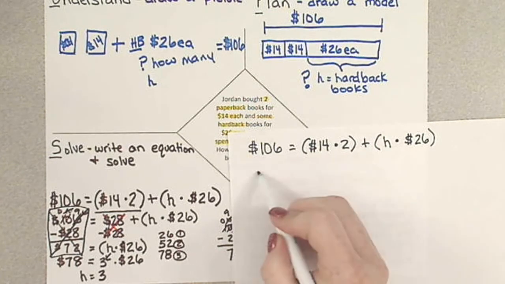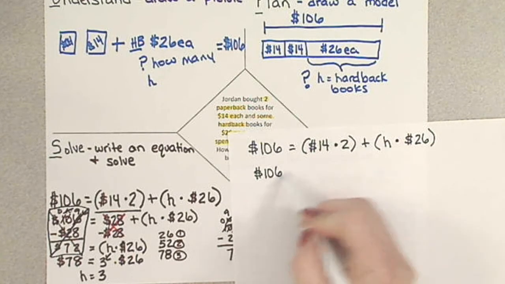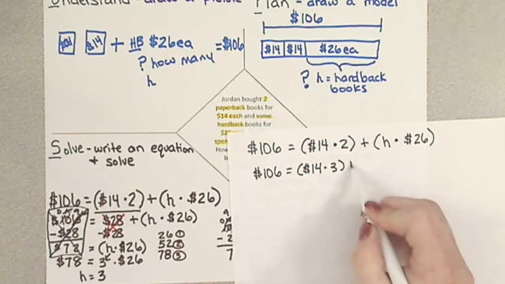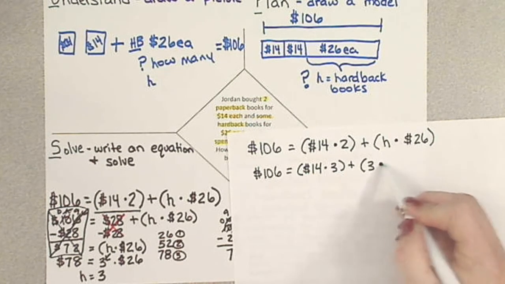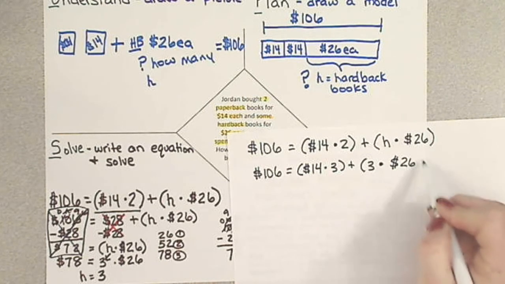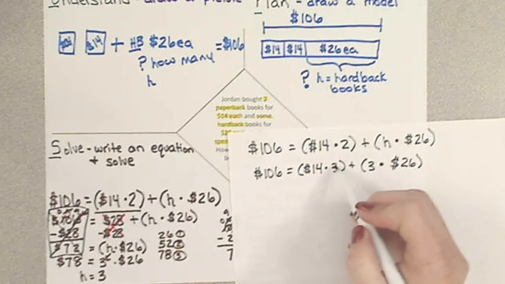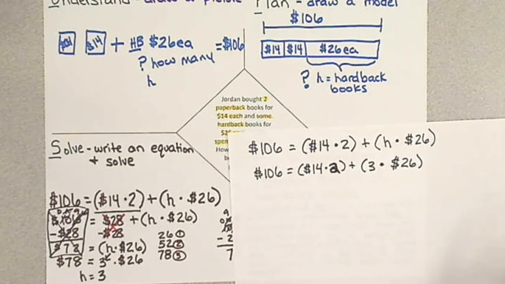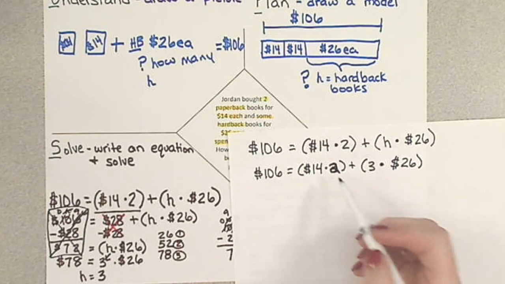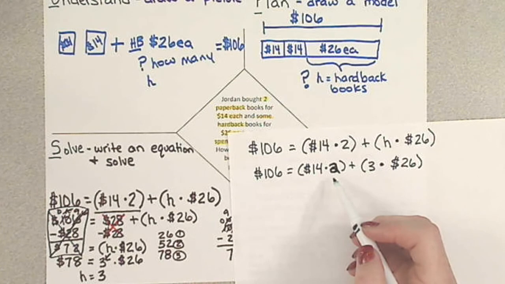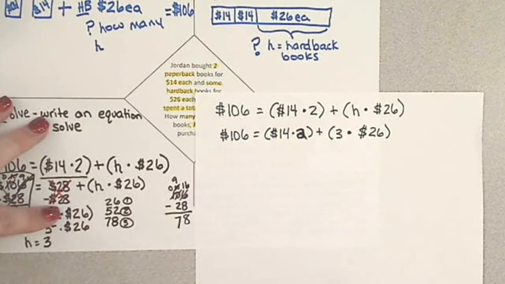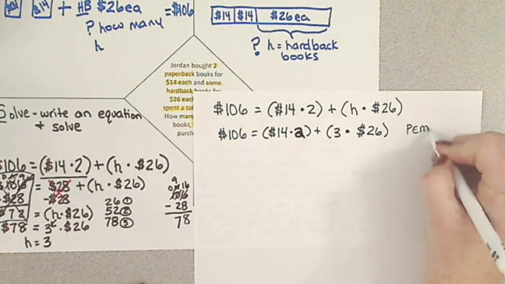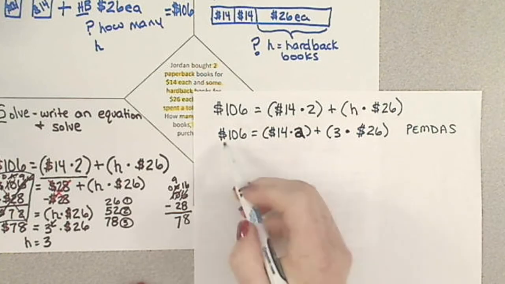We then determined that H equaled 3, so now I'm going to plug in that H equals 3 times the $26 that each hardback book cost. Oh, I made a mistake. That's supposed to be a 2. All right. So see, I make mistakes regularly. It's going back and catching them, making sure that you're thinking logically about what you're doing. So now I'm going to use PEMDAS to solve this.